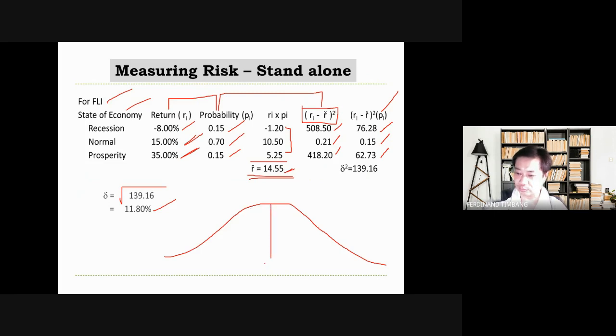Nandito yung 14.55. Tapos, itong 11.8%, lalabas ito yung plus, minus. Kaya kung plus, minus yan, if we have the 14.55 minus 11.8, so meron tayong ditong 2.75.